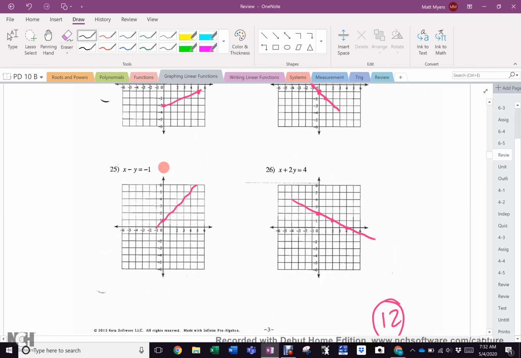X plus 1 equals y. 2y equals negative 1x plus 4. Divide both sides by 2. Y equals negative 1/2 x plus 2. And then you graph.